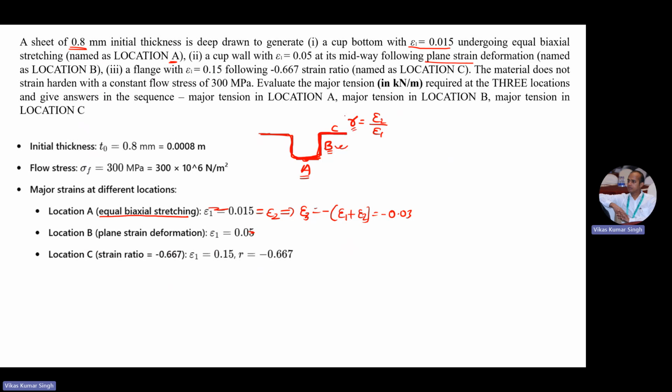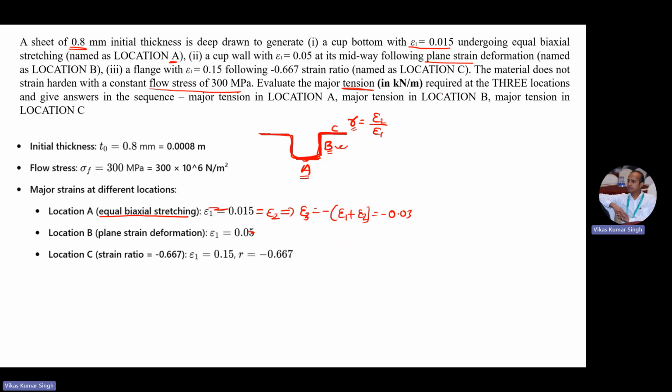Okay. So the material does not strain harden with a constant. Okay, the strain hardening is not there. That N value is not coming. We have to just take the flow stress value of 300 MPa. Now we have to evaluate the major tension, means tension, you can say traction. So traction is given in terms of Newton per meter, means force per meter.